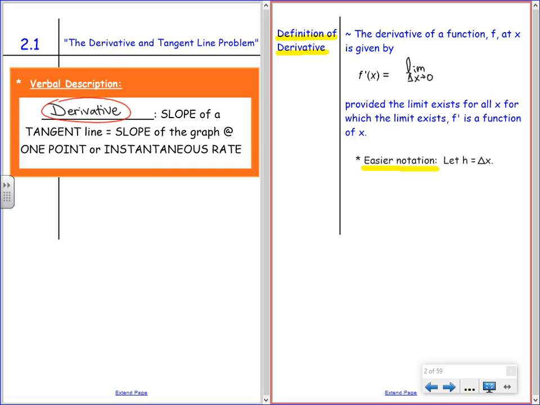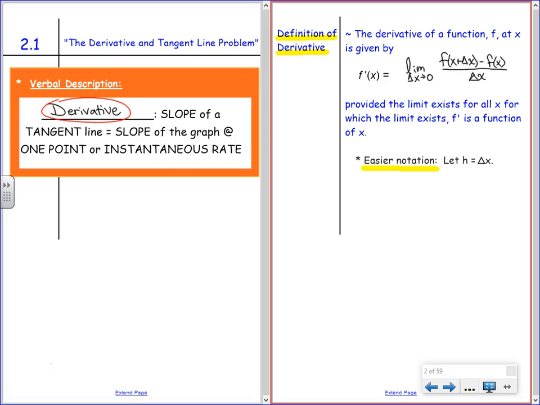As that distance goes to 0, as the 2 points of the lines get closer and closer, we figure out what's going on with the slopes. And the slopes are found by y2 minus y1 over x2 minus x1. Now this doesn't look that easy because we have to keep it general.